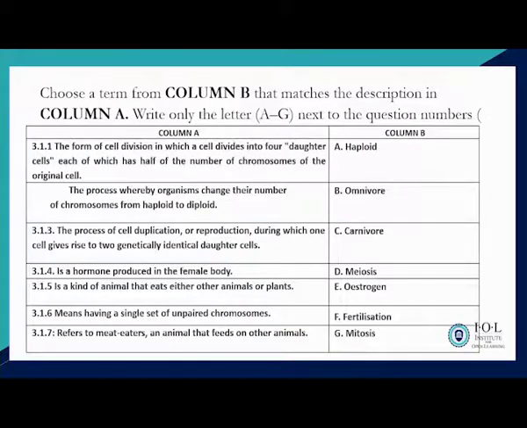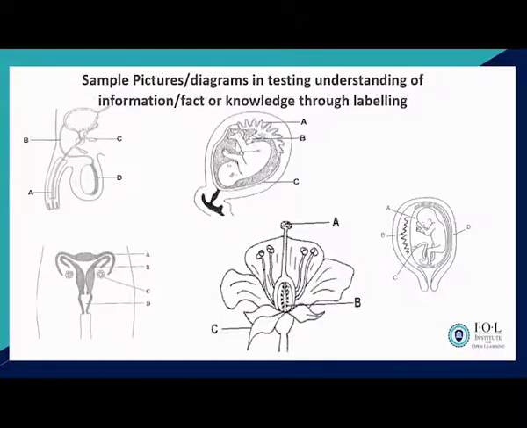The same principle applies here with a matching question in biology. It's a column A, column B, and then you have to match the concept in column B with the meaning in column A. These are examples of pictures and diagrams in testing your understanding of information, fact, or knowledge through labeling.